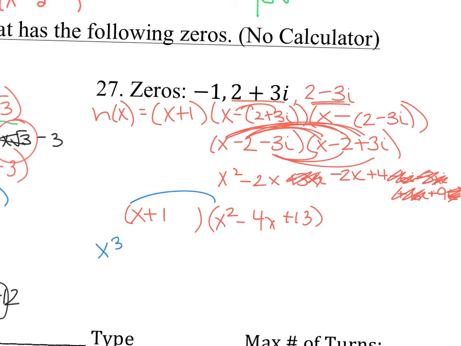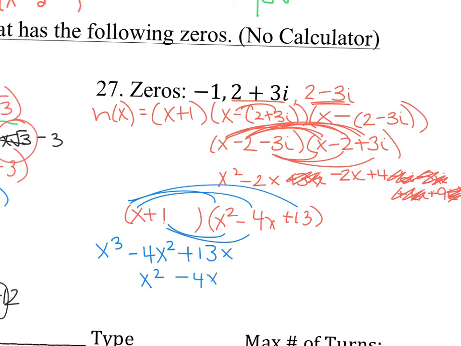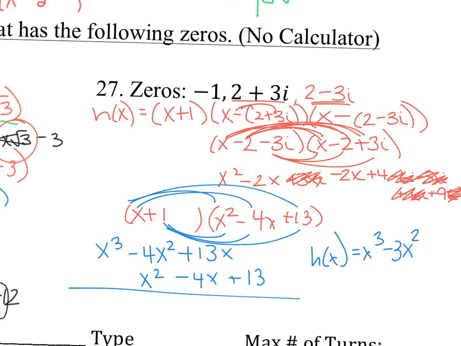X cubed minus 4x squared plus 13x. And then I have x squared minus 4x plus 13. Now I'm going to add them up, and I'm going to call this h of x. X cubed minus 3x squared plus 9x plus 13.